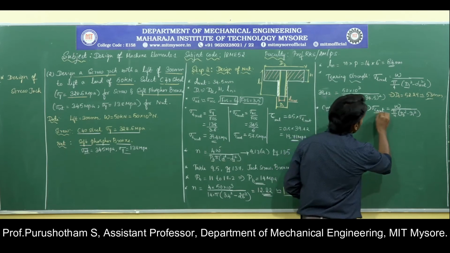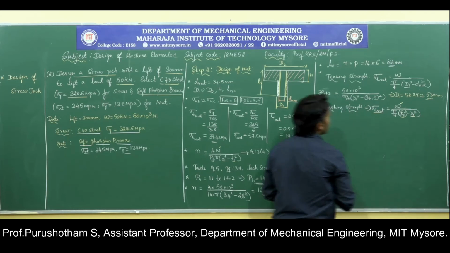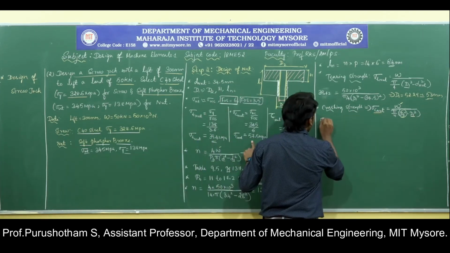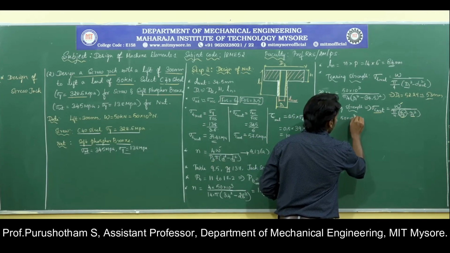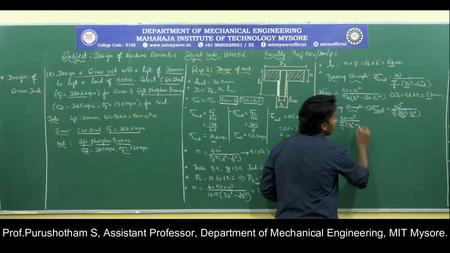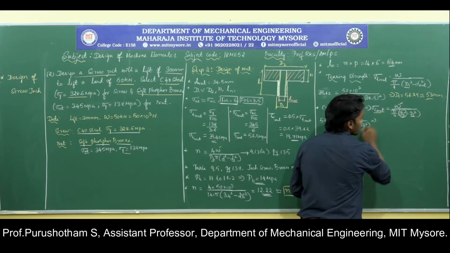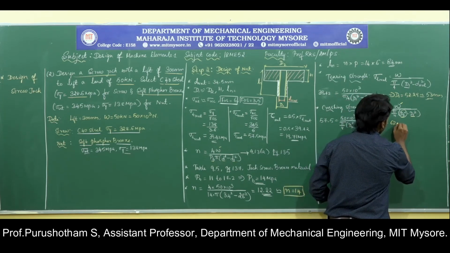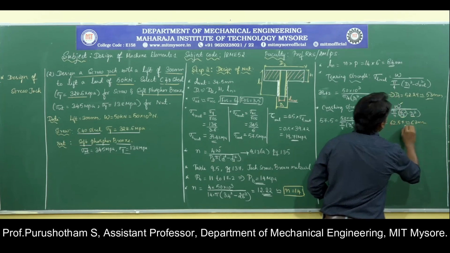In this equation, sigma c of nut is known, W is known, d1 is also known. The only unknown is d2. Sigma c of nut is 57.5, equal to load 50 into 10 power 3 over pi by 4 times d2 square minus d1 square, where d1 is 53, whole square. If you simplify this, you will get d2 equal to 62.57, that is approximately 63 mm.